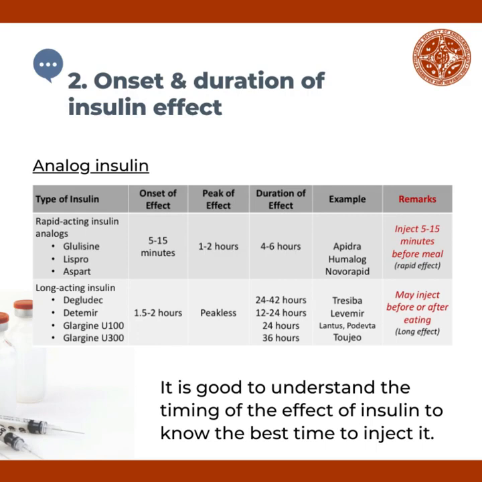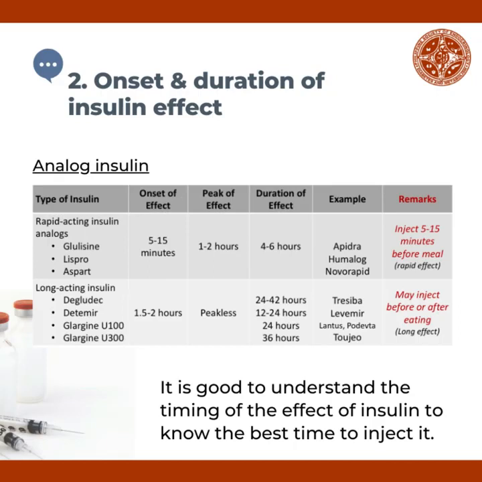For the long-acting insulin analogs, the onset of effect is at 1.5 to 2 hours. These are peakless. For insulin Degludec or Tresiba, the duration of effect is at 24 to 42 hours. For insulin Detemir or Levemir, it is at 12 to 24 hours.